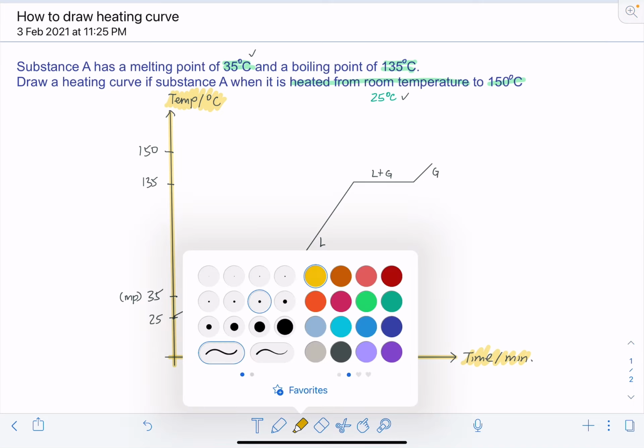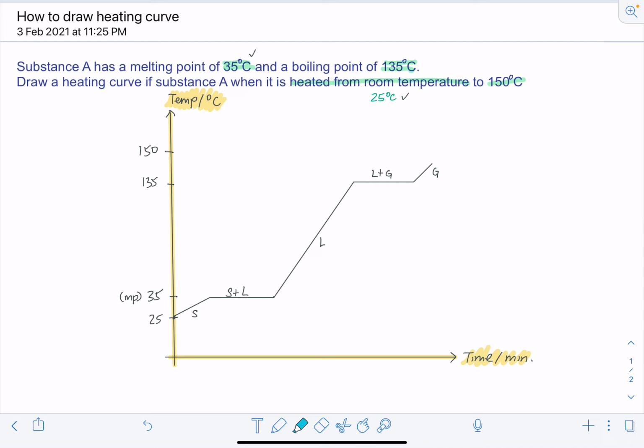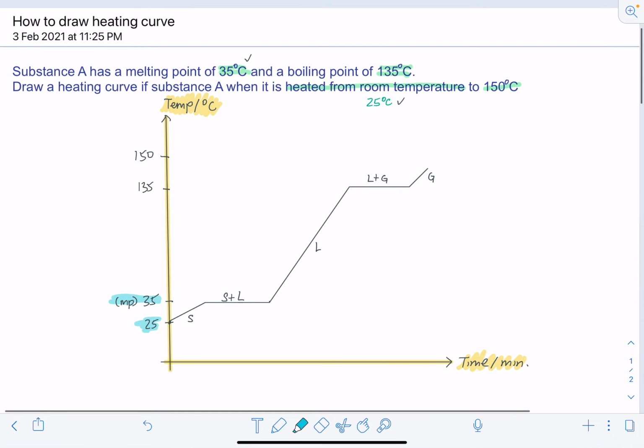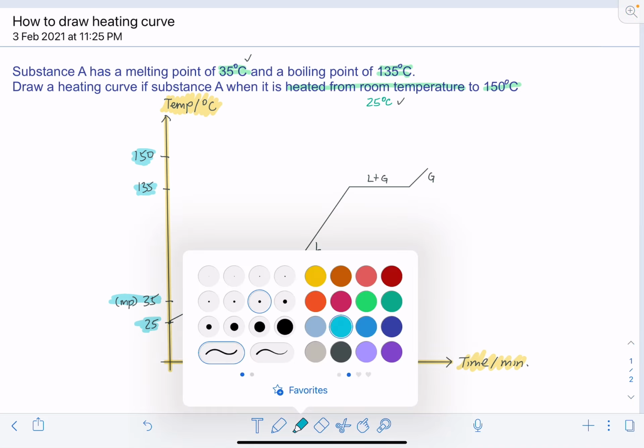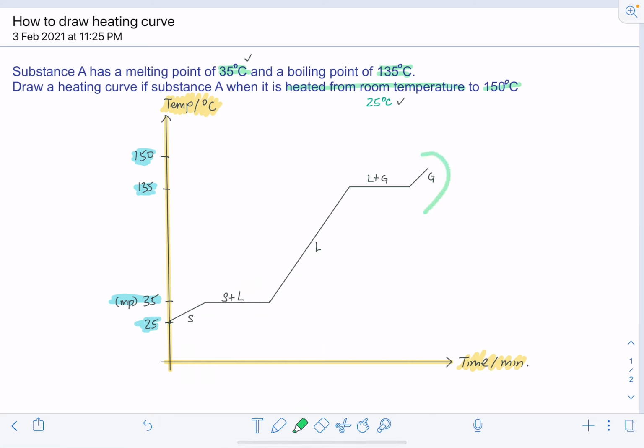Step 2, make sure you have the temperatures indicated in the question on the y-axis. And step 3, you then draw the curve based on your understanding of how a substance changes when it is heated. So that's it. This is how you draw a heating curve.